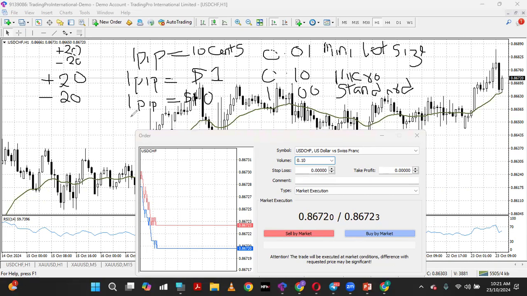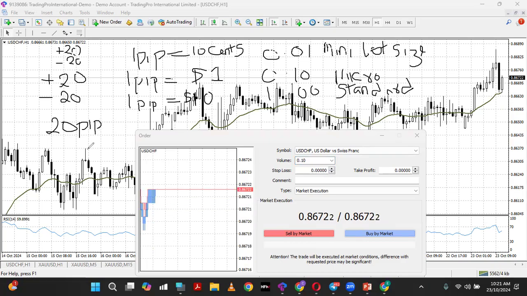Do you understand? So 1 pip is equal to $10. So what that means is that if you have 20 pip profit on a standard account, how much is it? That's a $200 profit. That's $200, right?